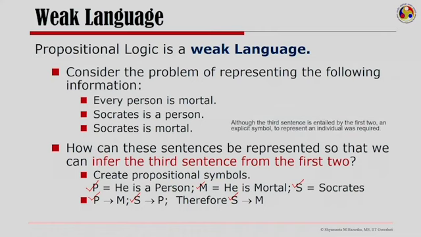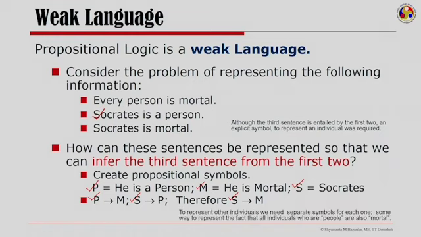Now, although the third sentence is entailed by the first two, an explicit symbol to represent the individual Socrates was required. What that means is that if I have to now represent other individuals, I would need to introduce other explicit symbols.